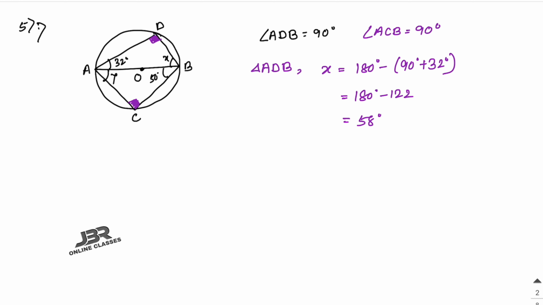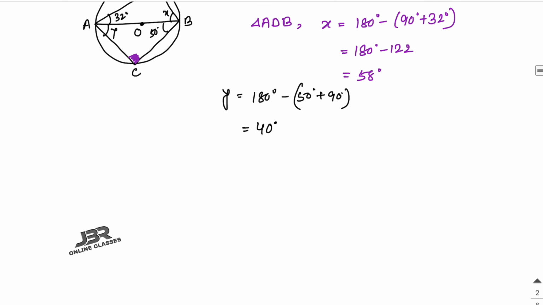And for Y equal to 180 minus 50 plus 90 degree. Okay, 180 minus 50 plus 90, that means 40 degree, because 140 subtracted from 180, that one equal to 40 degree.